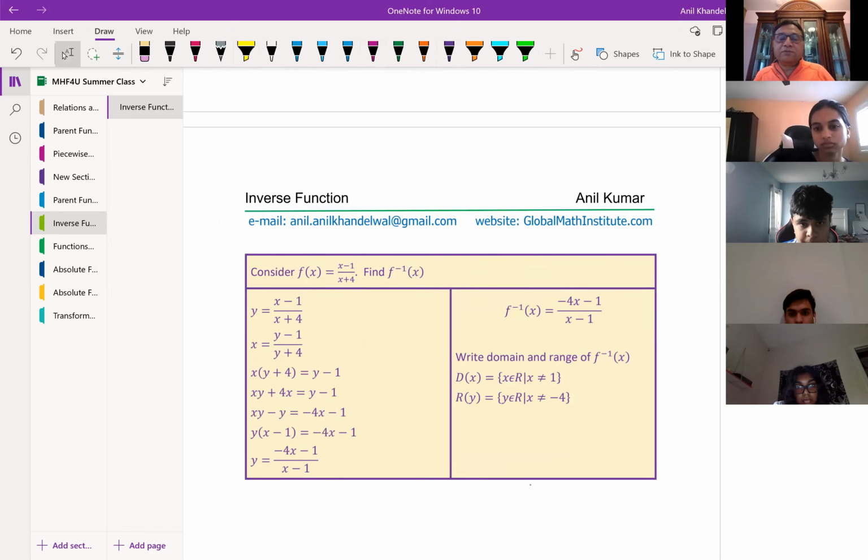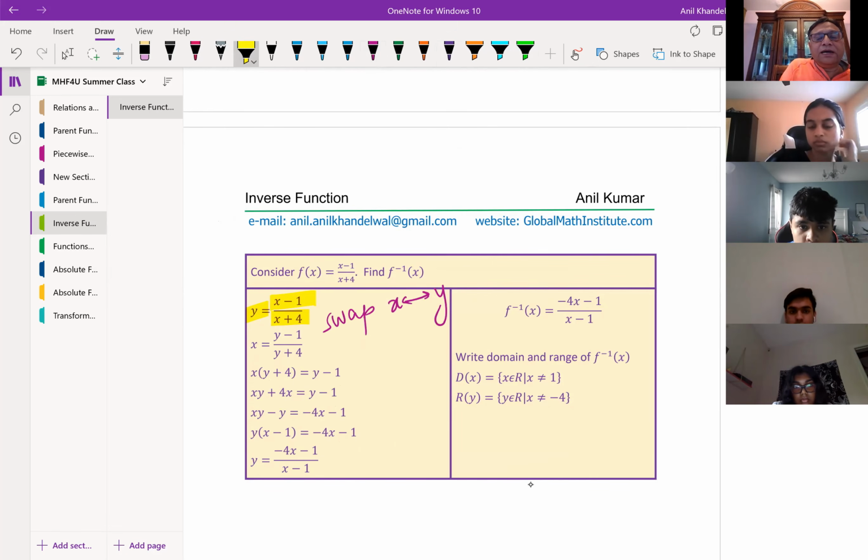Now look here carefully. We have this function, which is y equals x minus 1 over x plus 4. What is the first step? Swap x and y. That is your first step, right? So you see that, what did I do? Instead of y, I wrote x, correct? And instead of x, I wrote y.